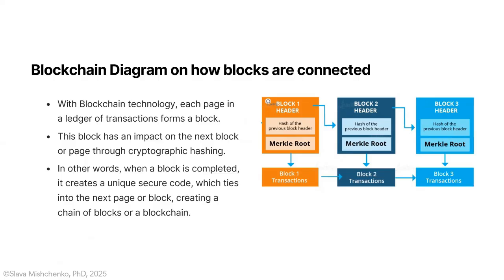We can think of it like a stack of sealed envelopes, where each envelope contains a copy of the seal from the previous envelope. And if you try to open and reseal any envelope, all the subsequent seals would no longer match. Next slide.